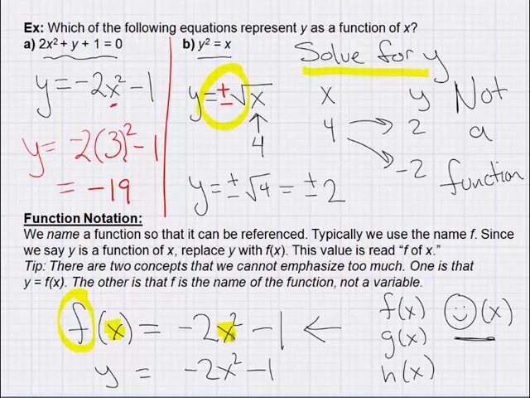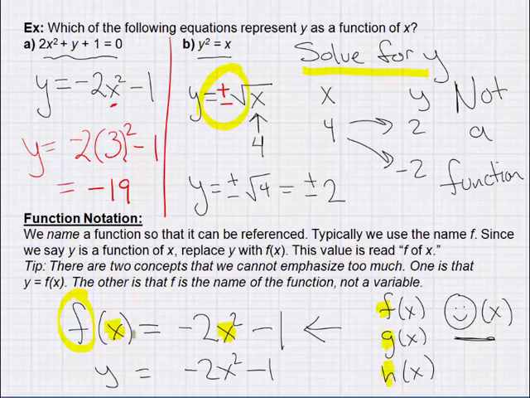So when you're looking at function notation, the first letter, f or g or h, whichever you use, again these are the common ones, is the name of the function. So if we have a bunch of functions we're working with, we know which one we're working with at each time: function f, function g, function h.